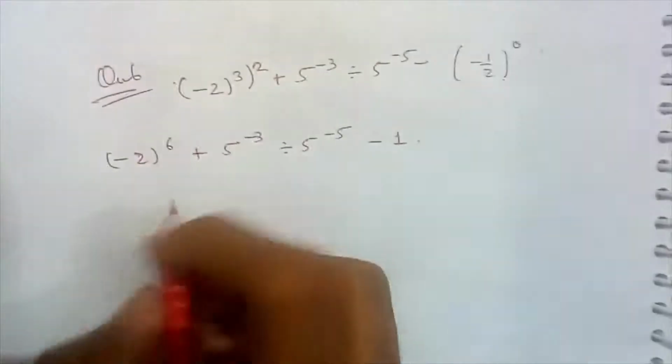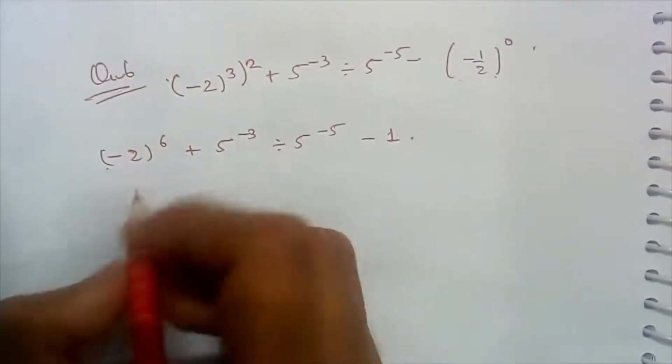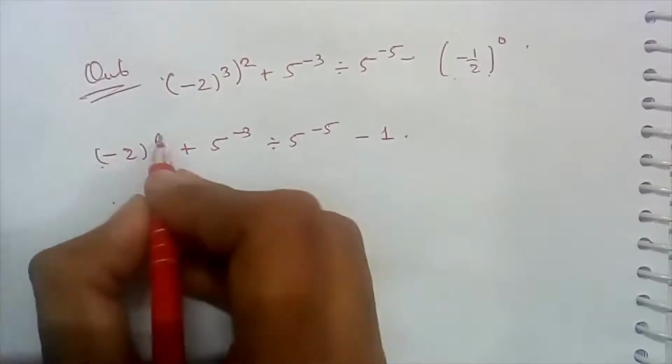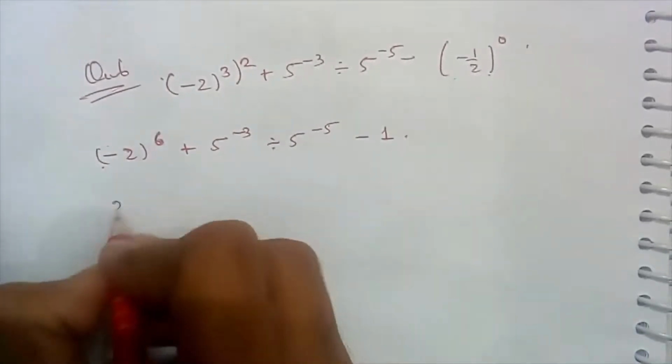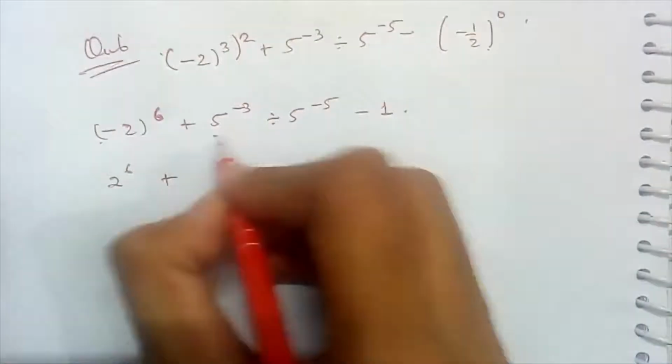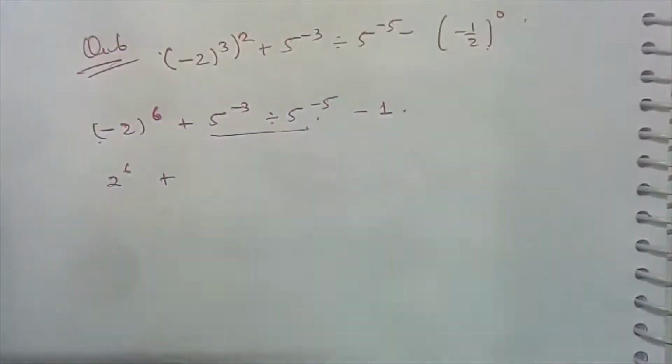Okay, so now we will write it as it's whole to the power 6, so we can write it as 2 to the power 6. Okay, plus we will solve it first, BODMAS rule.